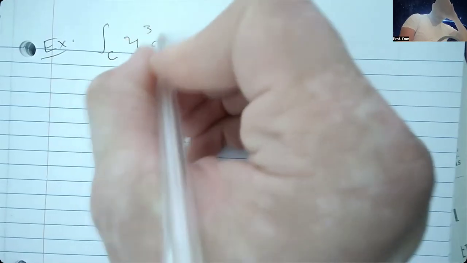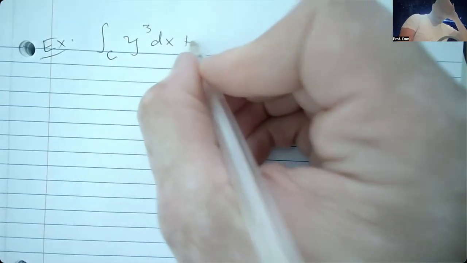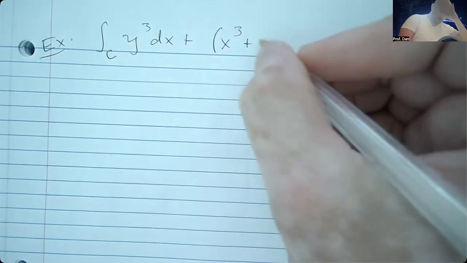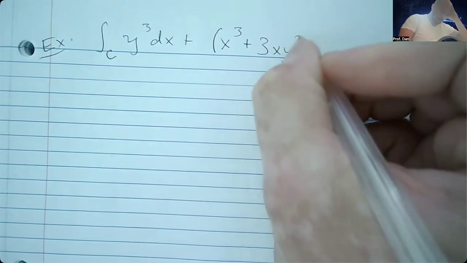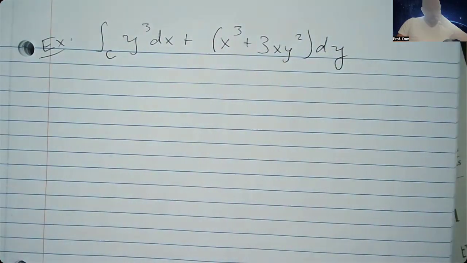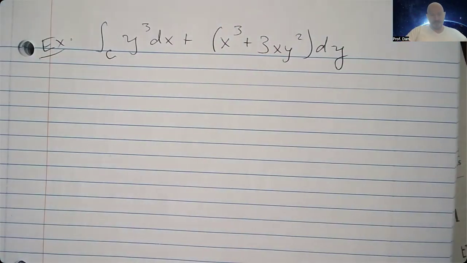So I'm going to just do an example to show you. So this is what the notation will look like. You have your integral over the path c. Yep, so that's differential form.